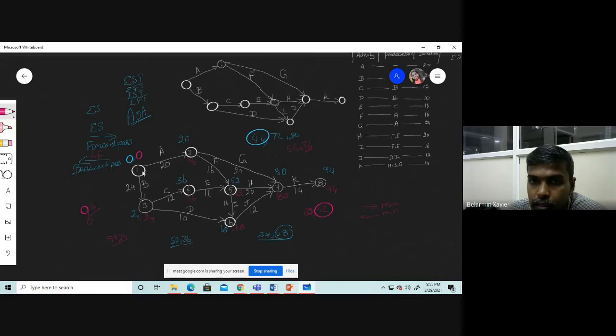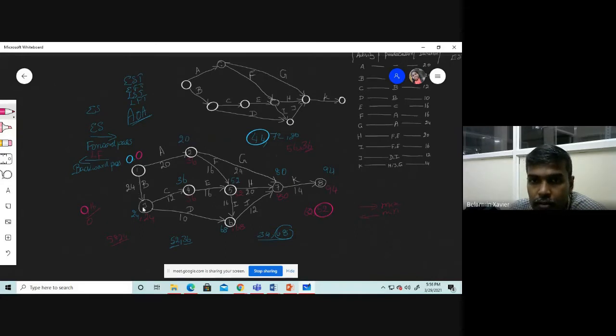How early can the activity begin? Activity A can begin at 0, and activity A can be earliest finished by 0 plus 20, 20. Clear? Now this 20 is the earliest finishing time of activity A, and it is the earliest starting time of activity F and G.